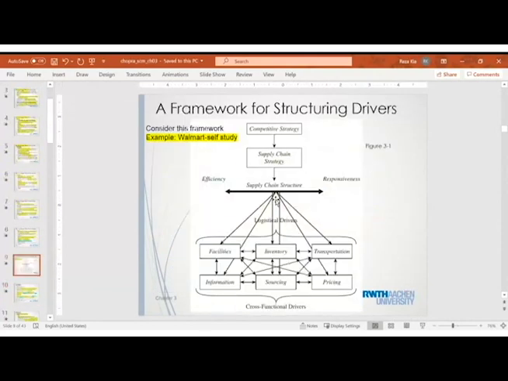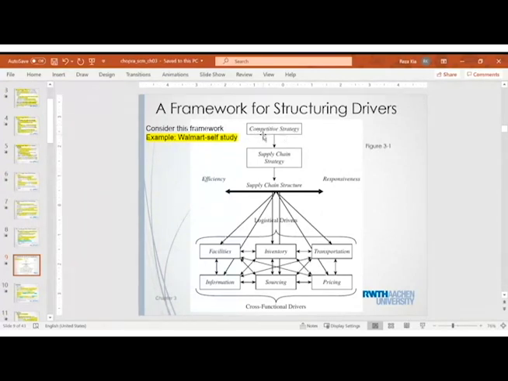And here I just put one framework for structuring the drivers. I just give some explanation over here. As you can see, usually in a supply chain, we will start by competitive strategy.